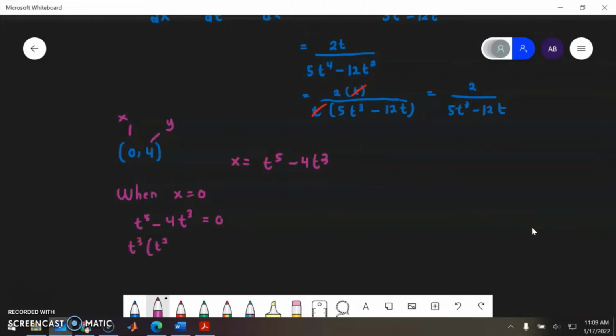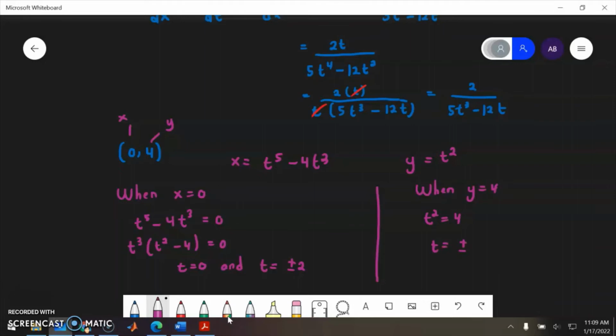I have t squared minus 4 equals 0. So I know that my solution of t is 0 and t equals plus or minus 2. Similarly, my y equation is t squared. So when y equals 4, I have t squared equals 4. t will be plus or minus 2.